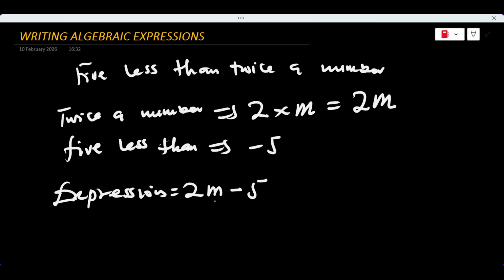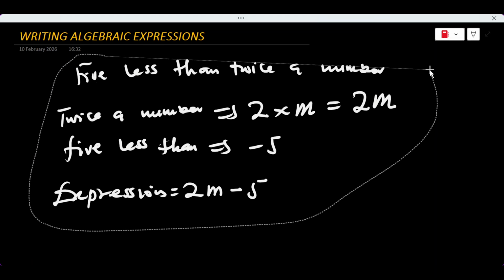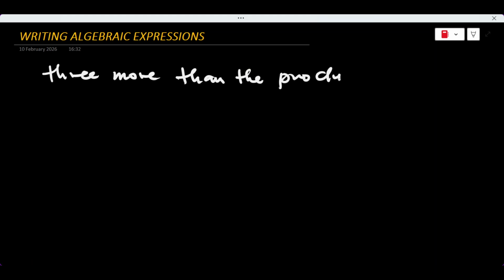All right, so let's take our final example. Then I'll give you another for you to try your hands on. So our final example says 3 more than the product of a number and 4.